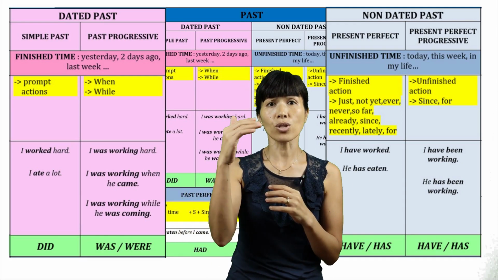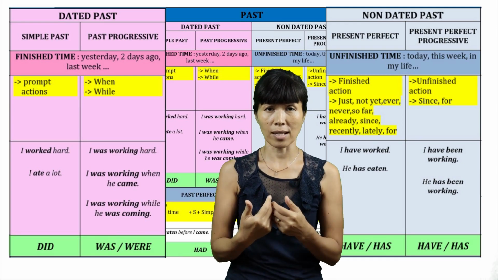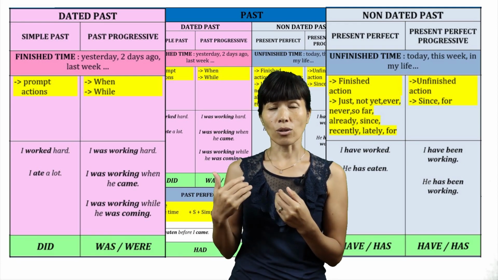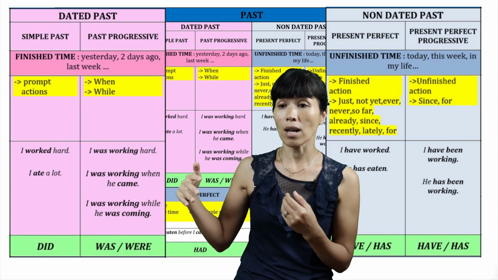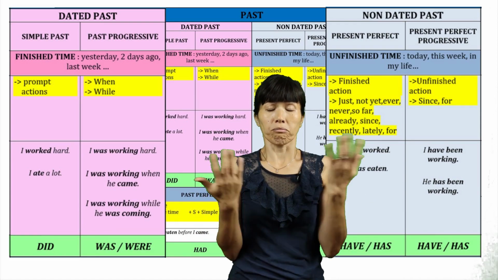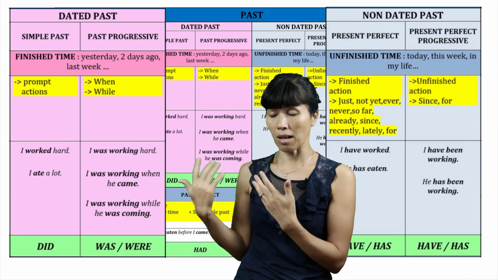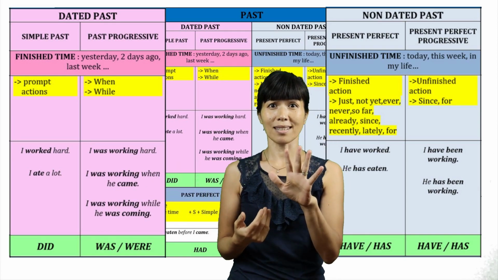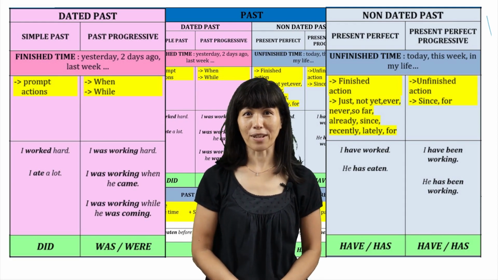If the listener knows you well, because they're your good friends and they know that you started working for this company 5 years ago and you're still there, this means you are simply making a summary of all the things you have done. You have counted the number of years you have been in that company, and now it's been 5 years. Okay, so now let's continue with the present perfect progressive.